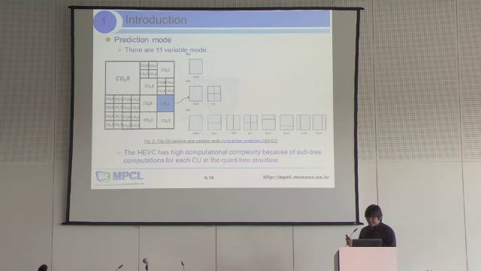In prediction mode, there are variable modes: skip, intra and inter. Figure 2 shows the CU decision and variable modes in intra and inter prediction in the HEVC version.